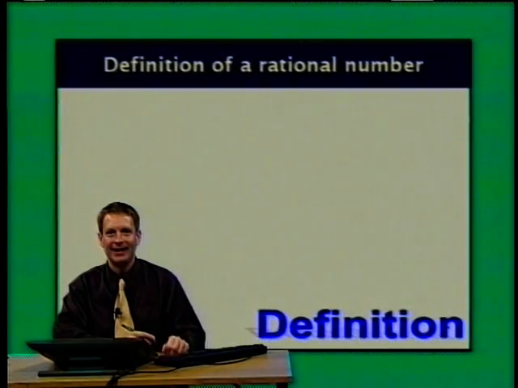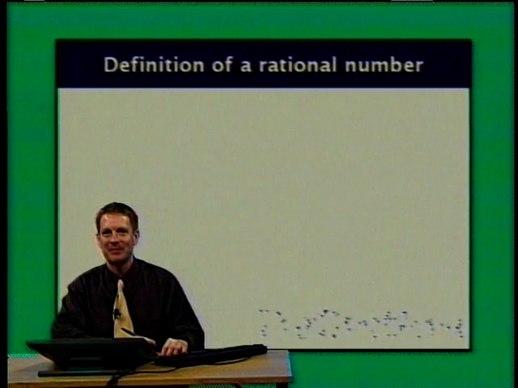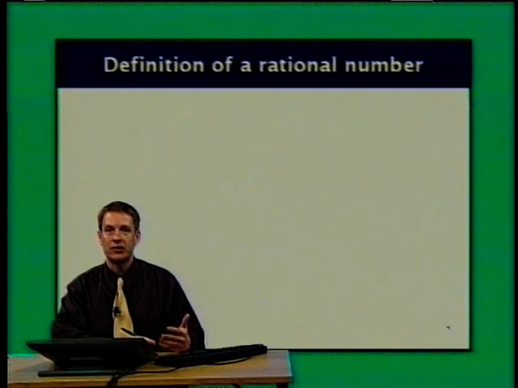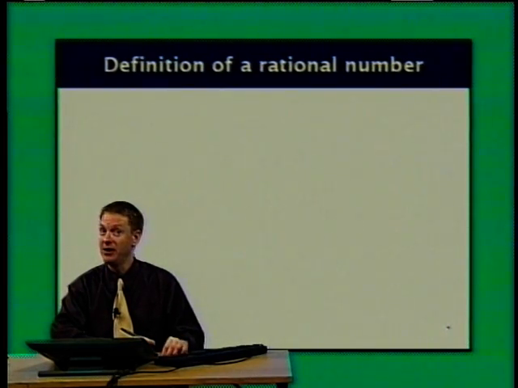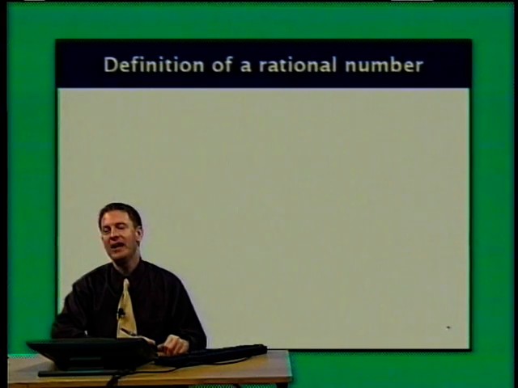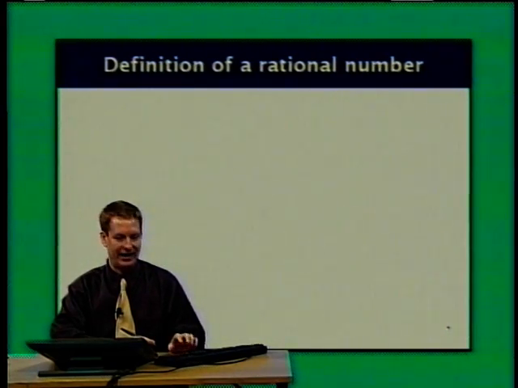Well, let's talk about rational numbers. Rational numbers are sometimes described as numbers that can be written as quotients that have an integer in the numerator and denominator. Another way of saying that is rational numbers are numbers that can be written as fractions that have an integer in the numerator and denominator. Well, we have now a third way of saying it.